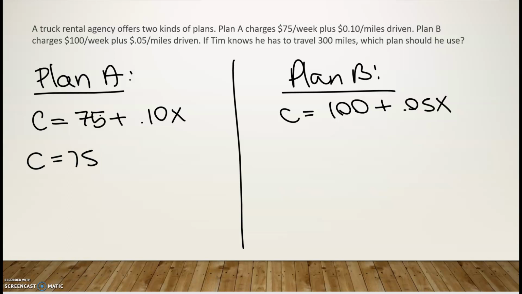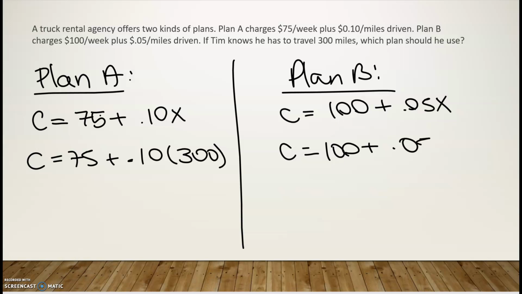So 75 plus 0.10 times 300. Same thing over here: 100 plus 5 cents times 300. And we'll just plug this into our calculator.